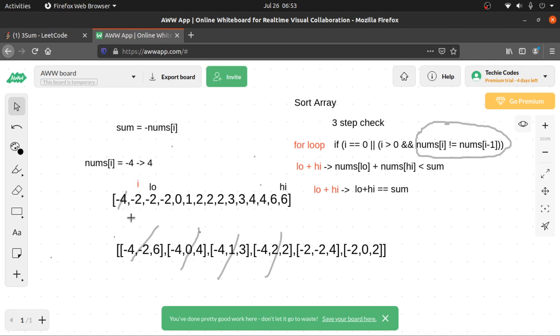So nums of i and nums of i plus 1 are different. So we keep the i here, we keep low and high pointers, and start making them walk towards each other for this one. So we will do the same process again for this one and find the next numbers. So this is pretty much how we do this 3-sum check.